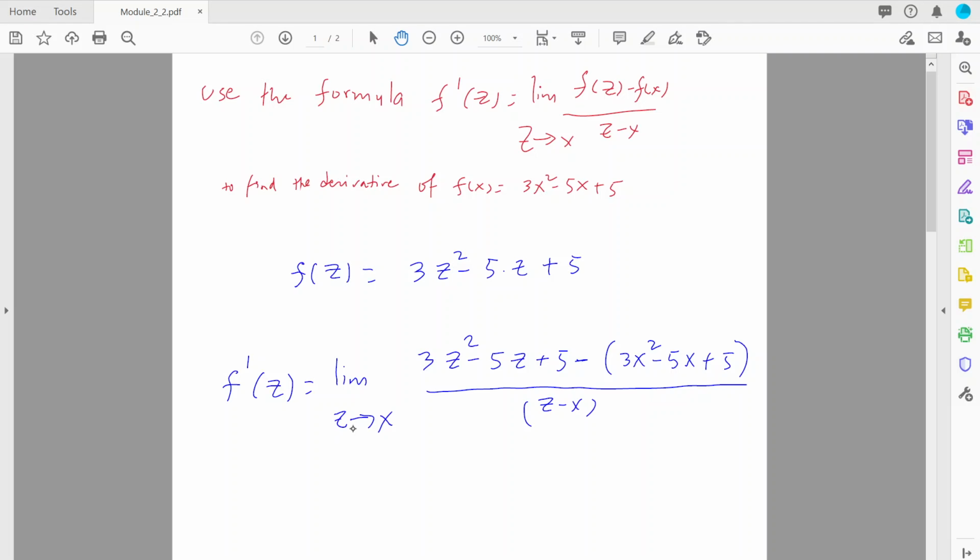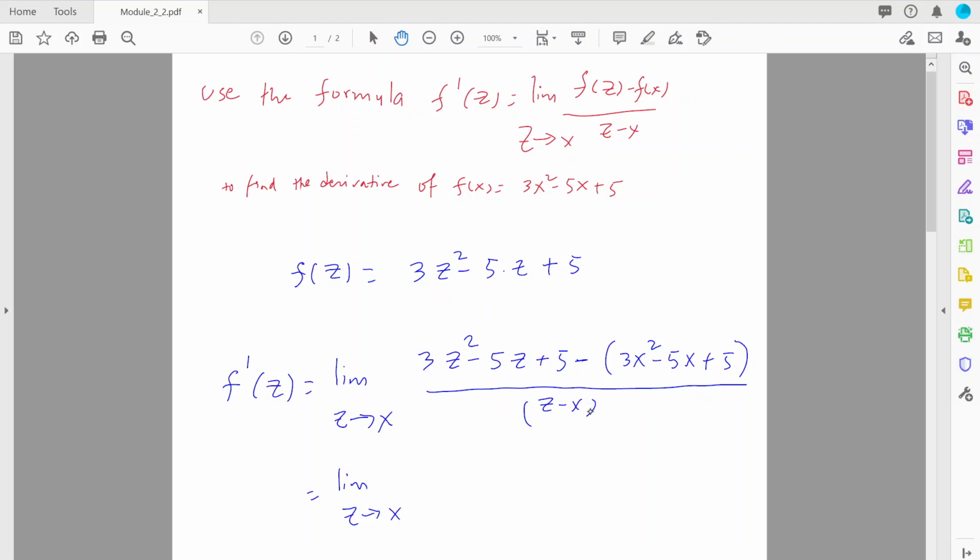Look here, when z approaches x, this denominator will be 0, and we don't want 0 on the denominator. So first of all, we have to simplify this expression, and then after that we can find the limit. So let's try to simplify on the top.